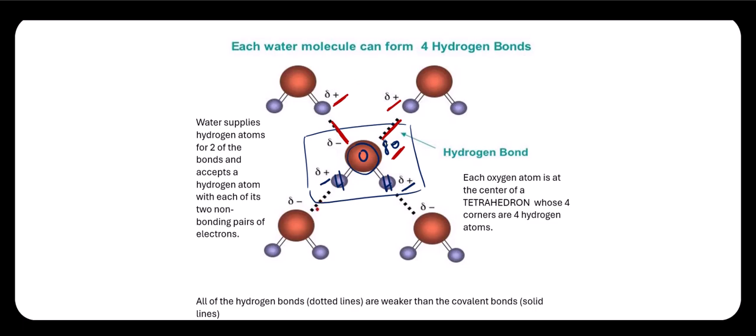Then each of its hydrogens will hang out with two more oxygens. That hanging out again is a hydrogen bond, an attraction, that's resulting from the partial negative charge on the oxygens and the partial positive charges on the hydrogens.